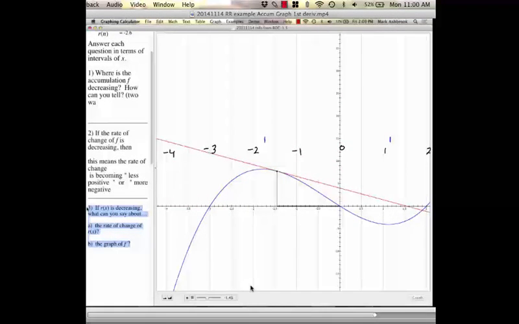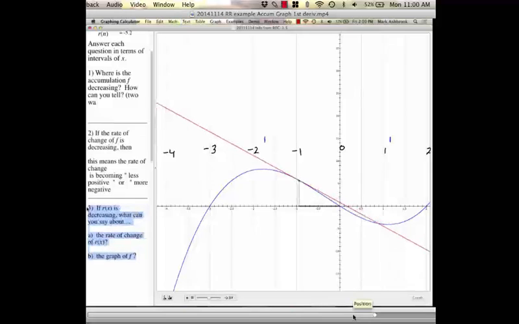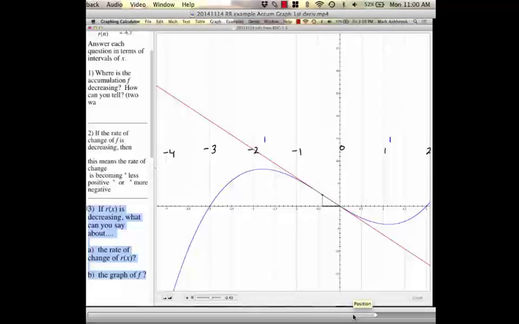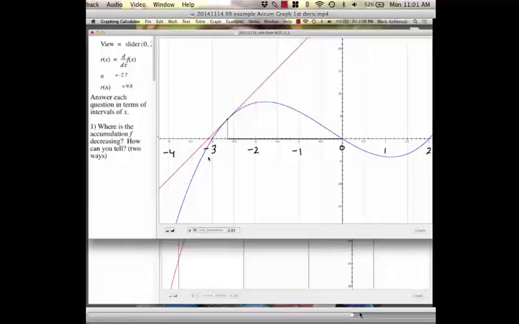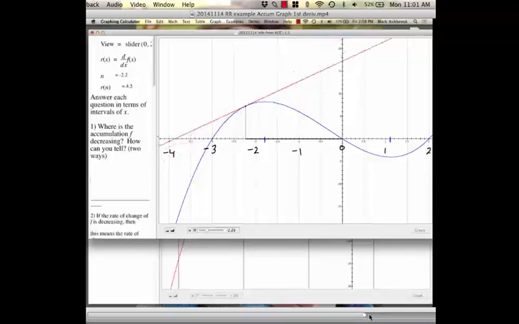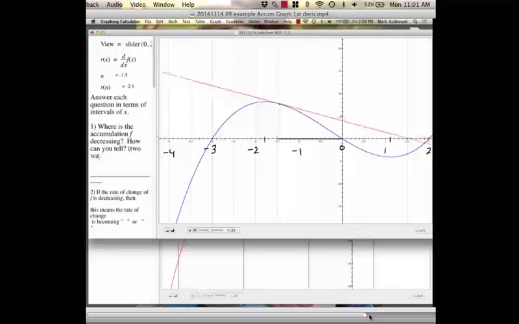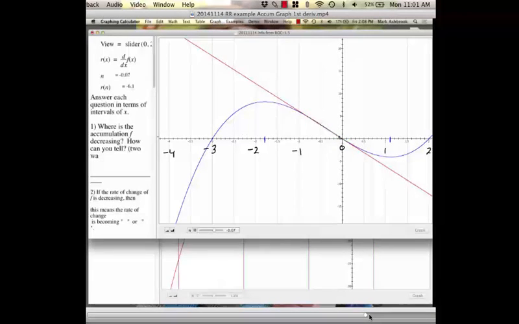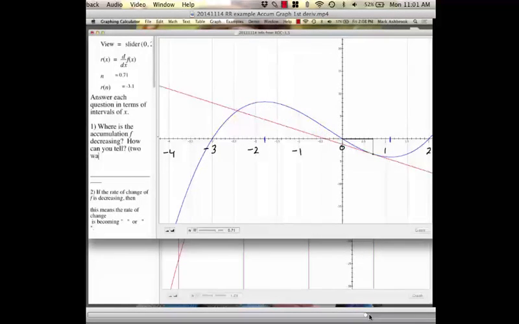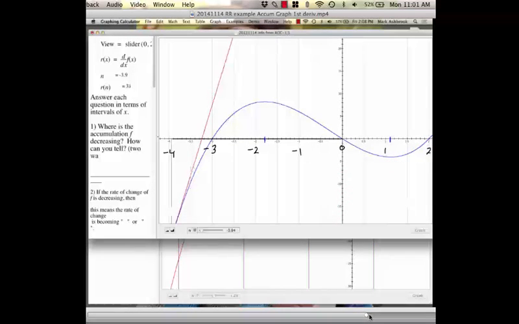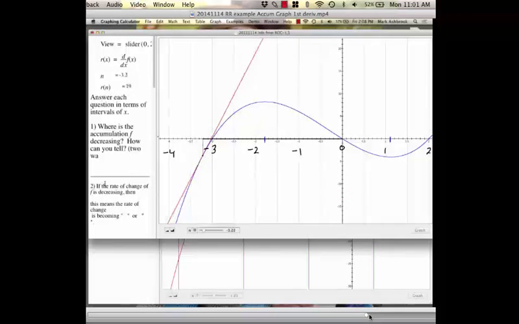So here's the test. Now let's talk about the rate of change decreasing. That could mean one of two things. There are two different ways that we talked about earlier in class.